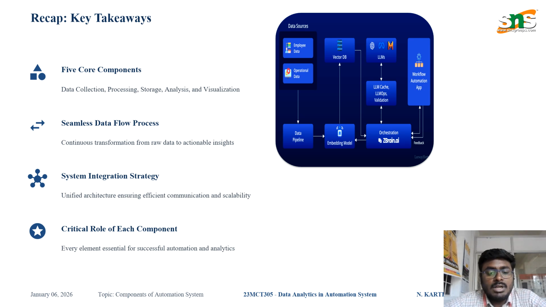Seamless data flow turns raw sensor data into actionable insights. A good system needs a unified architecture for efficient communication and scalability. Looking ahead, the future is bright with deeper AI and machine learning integration, more advanced predictive capabilities, autonomous decision making, and self-optimizing systems. This will drive massive innovation across industries that will improve efficiency, safety, and profitability.